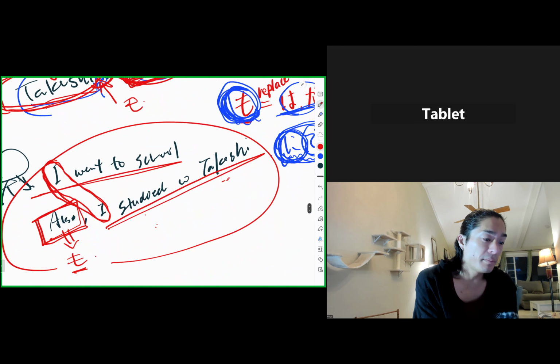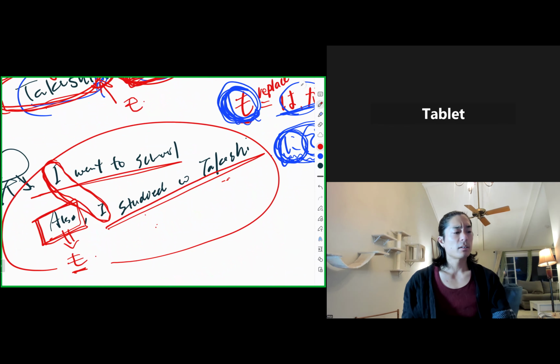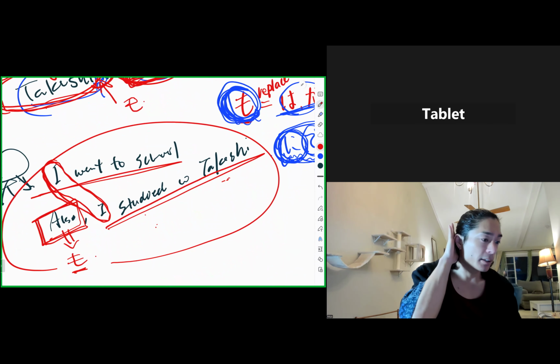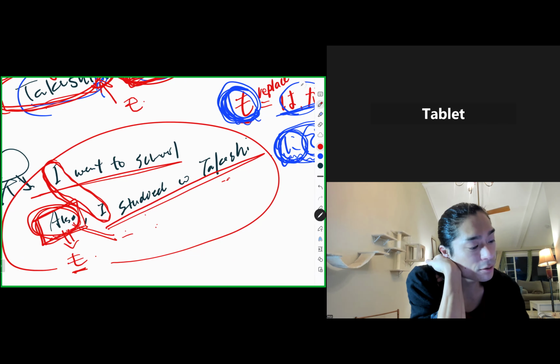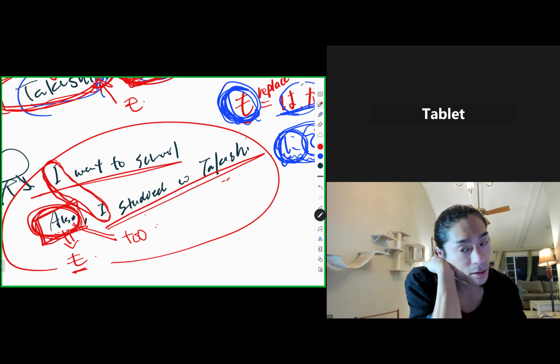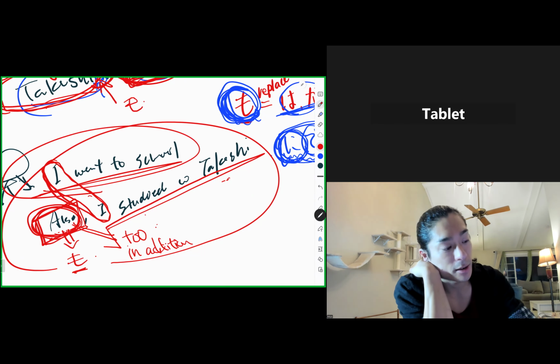You might wonder then. Does this make sense? Are my examples bad? Well, let me explain this way, okay? So with that, this also is not the too meaning. This also is used as a conjunction, meaning in addition, right? I went to school. In addition to that, I studied with Takeshi, right?